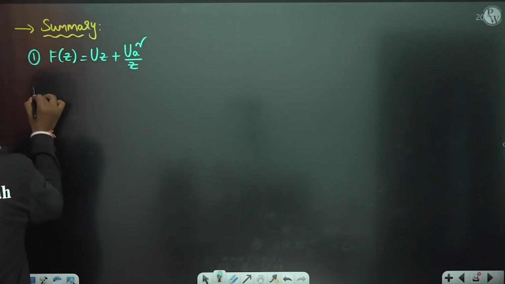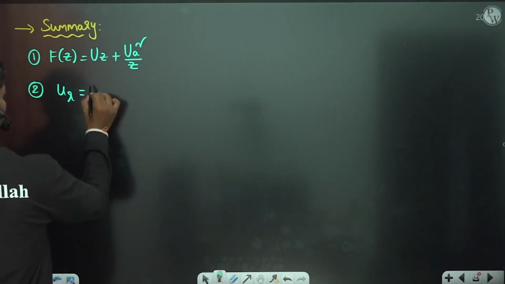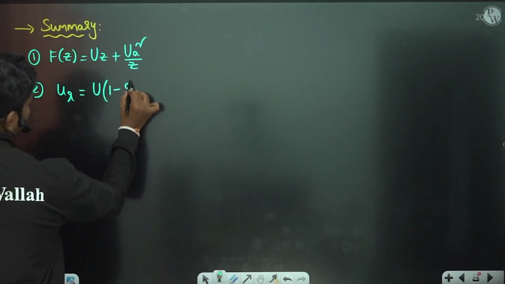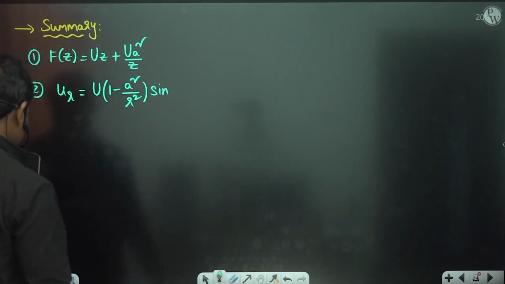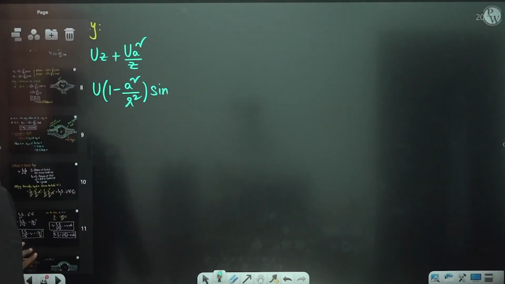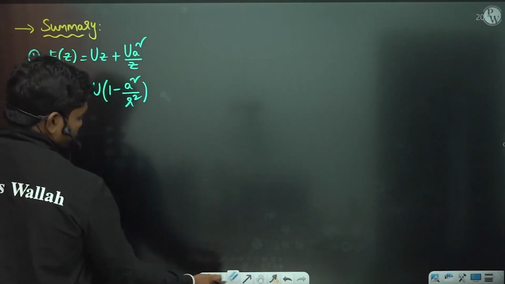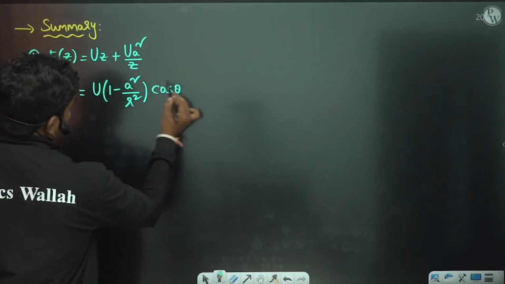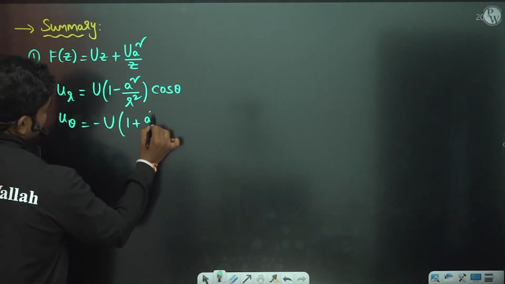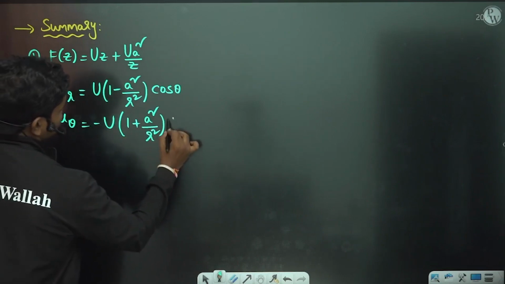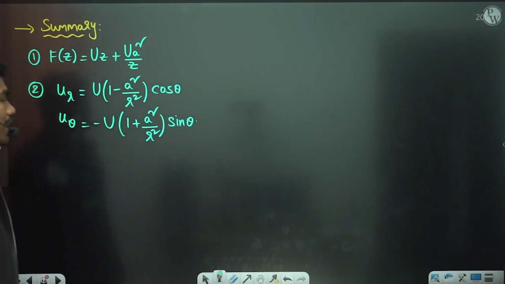Second, the radial velocity at any given location is given by U times (1 minus a square by r square) times sine theta, sine or cos? Let us check. We got cos theta, right? Yeah, this is cos theta. So ur is U times (1 minus a square by r square) cos theta, and u theta is minus U times (1 plus a square by r square) sine theta.